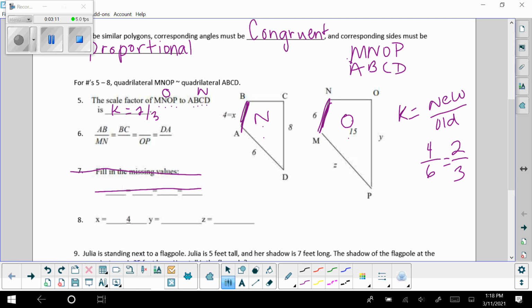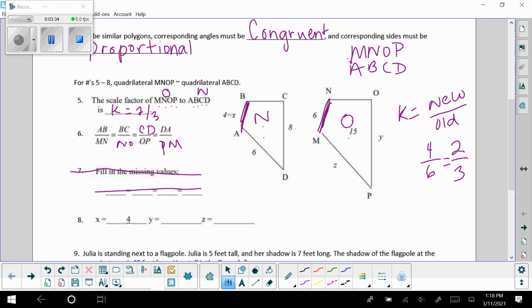AB goes with MN, BC goes with NO, and then CD goes with OP, and DA goes with PM. Again, you didn't have to do number 7.